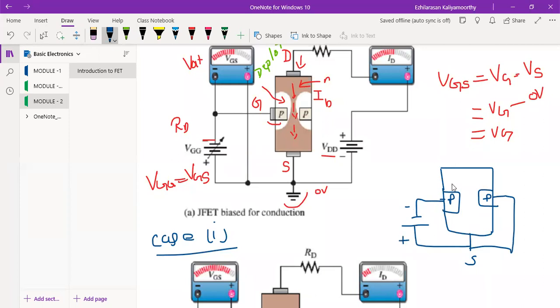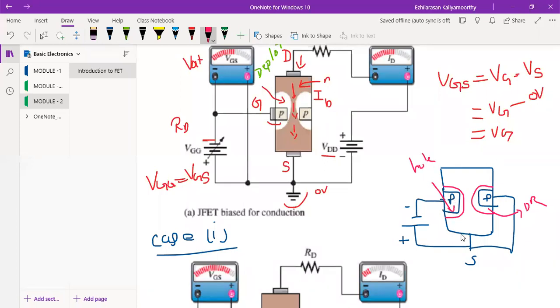So automatically it is a reverse bias, as you know. If it is a reverse bias, what will happen? By default, in our PN junction there will be a depletion region. In P type, the majority carriers are holes, right?